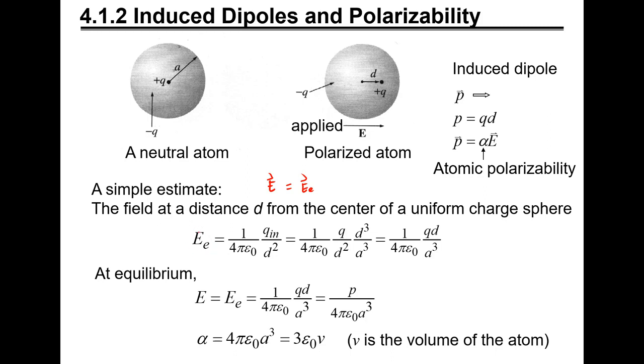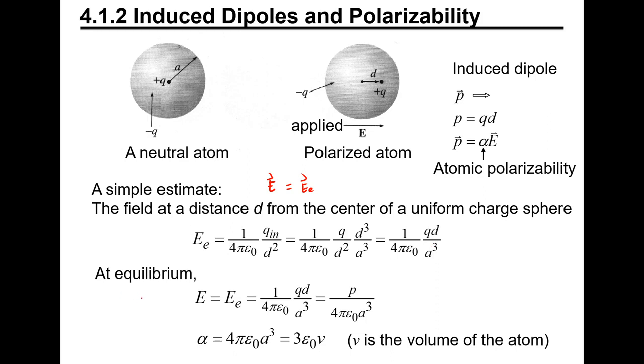You can get the electric field due to the electron cloud: 1 over 4 pi epsilon naught q sub in over d squared, which is equal to 1 over 4 pi epsilon naught q over d squared multiplied by d cubed over a cubed. Simplifying this, it becomes 1 over 4 pi epsilon naught qd over a cubed.